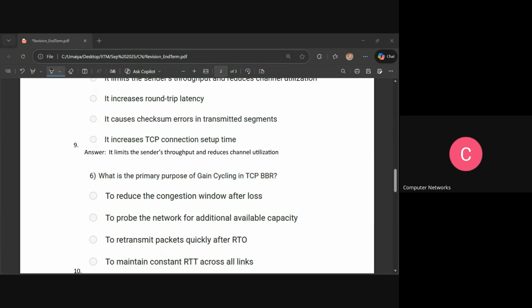If more bandwidth is available, it increases; it works on additive increase, adding one MSS each time. So to probe the network for additional available capacity is the right answer here.